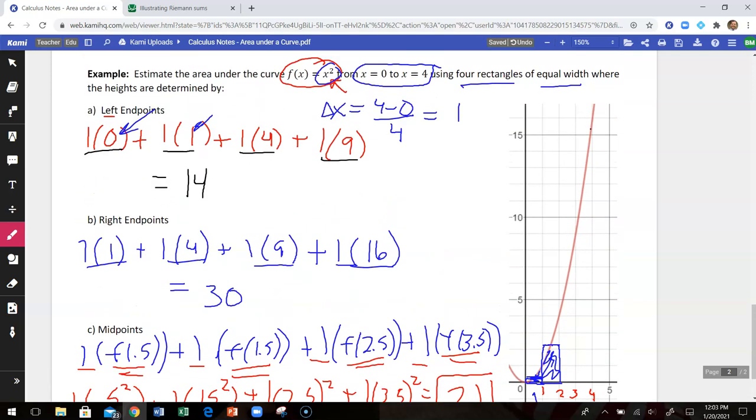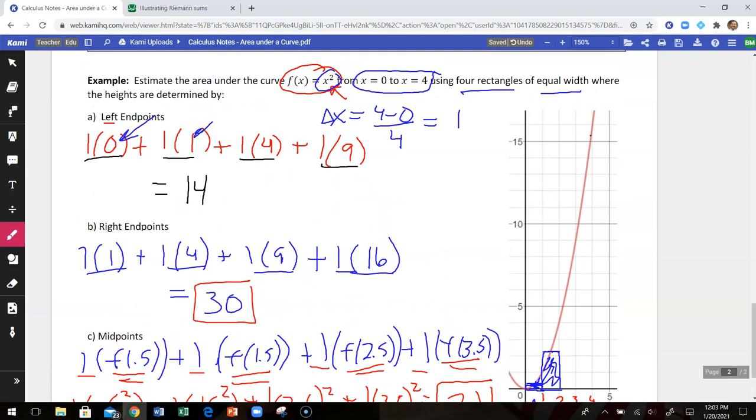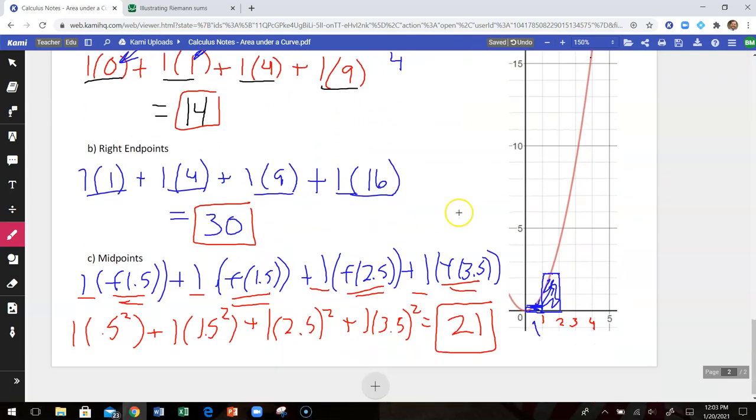And 21 is going to be a better estimate than 30. That was too much. 14 was too little. We are not saying that 21 is the correct area. We are just saying that it is the closest estimate because I used those midpoints instead of left or right endpoints.